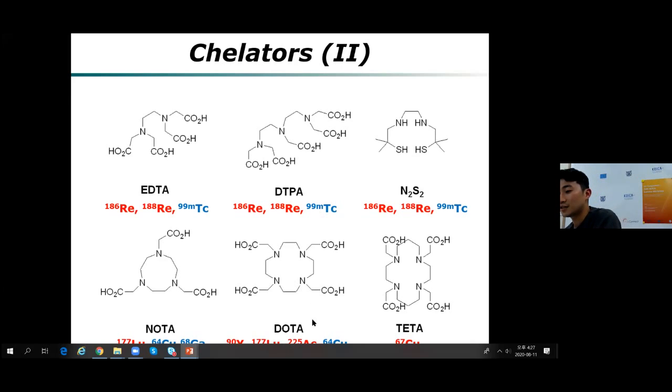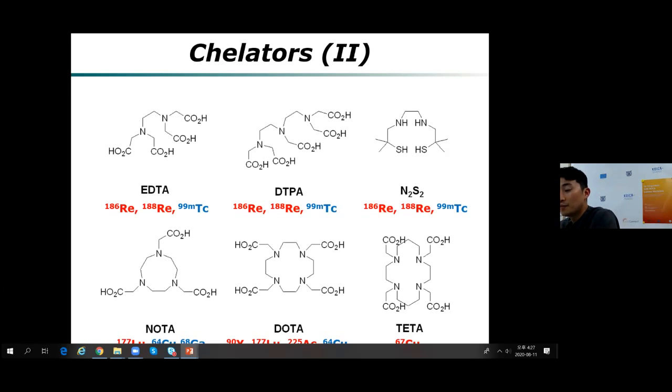DOTA is also possible to chelate yttrium, lutetium, actinium, and copper. So if we choose an adequate radionuclide, whether copper, actinium, lutetium, or yttrium, for each kind of application, we can easily take diagnostic images and check the efficacy of the therapeutic aspects of the radionuclide.